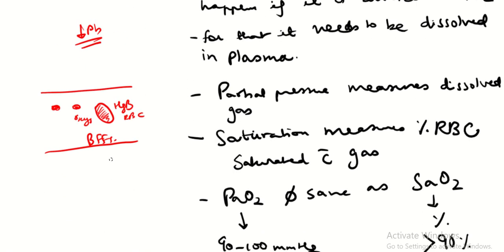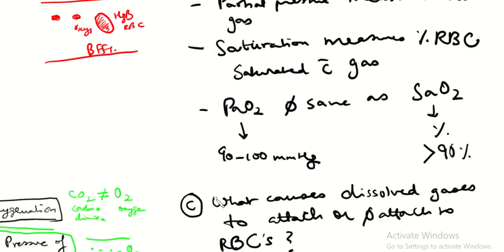We've already covered the difference between PaO2 and saturation, SaO2. PaO2 is not the same as SaO2. SaO2 measures the percentage saturation of red blood cells, and PaO2 measures the partial pressure of oxygen in the blood, and it's 80 to 100 millimeters of mercury.